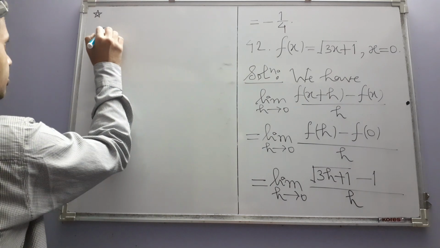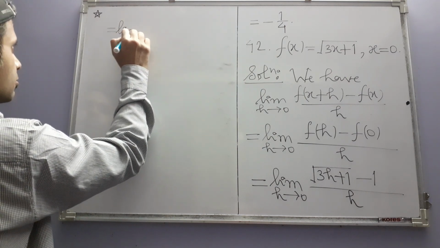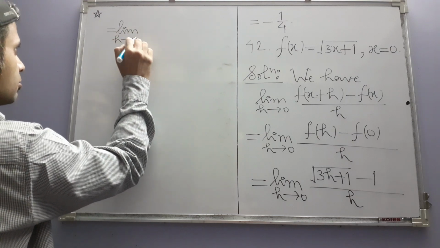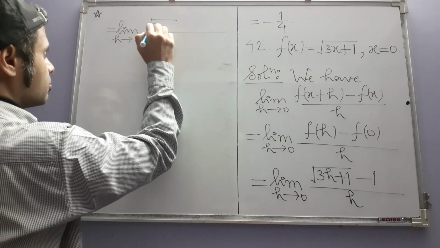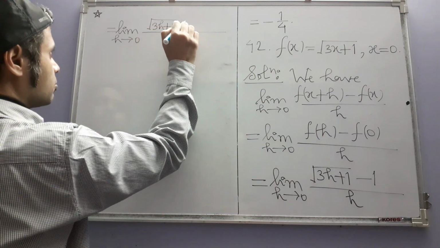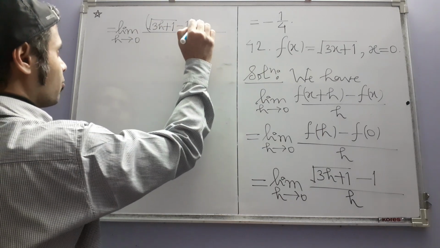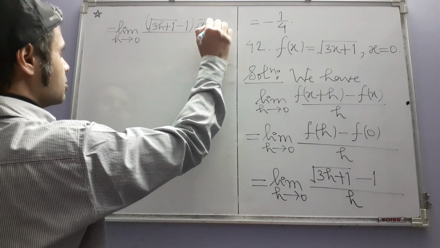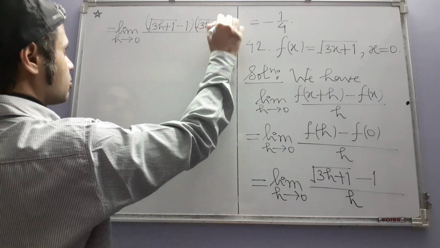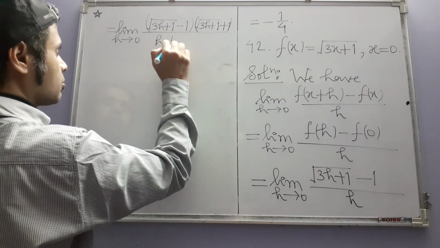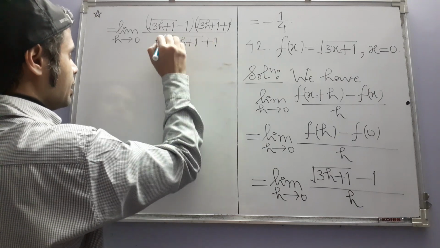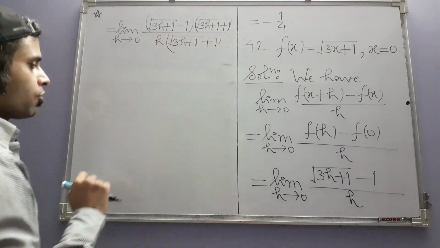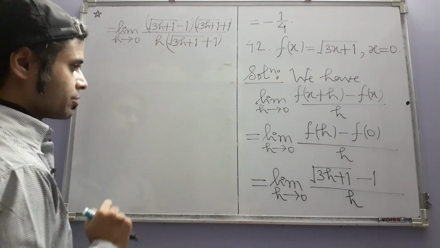That means we will have to multiply and divide by this. And again I am saying that this is possible because this is non-zero.